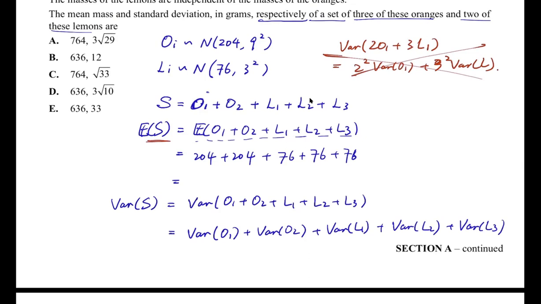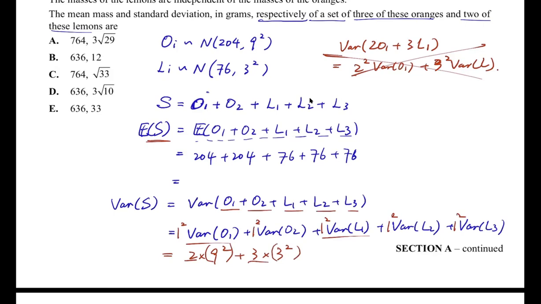For individual items, you are dragging out their weighting like 1 squared, 1 squared, and so on. So it's actually 2 lots of the variance of O1 and 3 lots of the variance of L1, that's it.